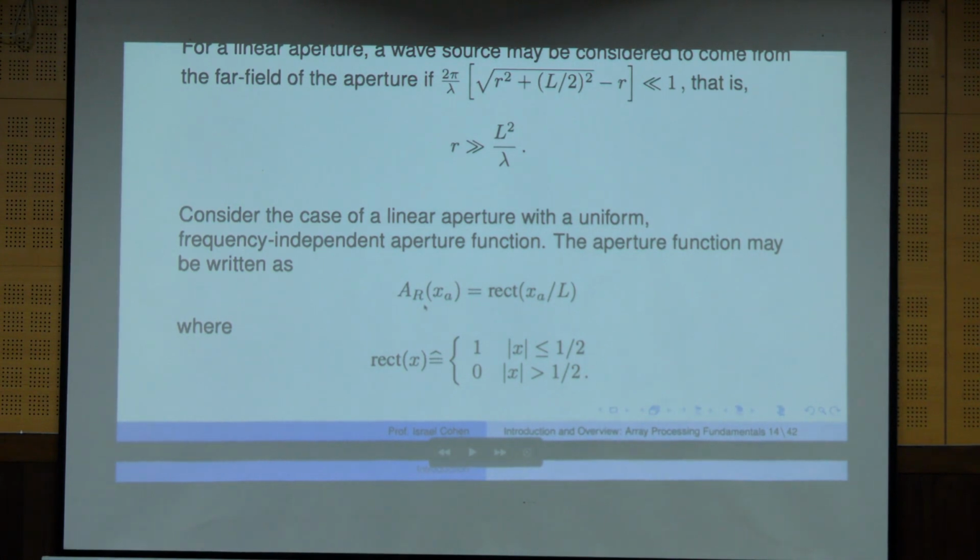Because much of the objectives or the goals with array signal processing is to discriminate between sources. So we have multiple sources. Maybe one is desired and the other sources are undesired, are background noise, interferences, and so on.